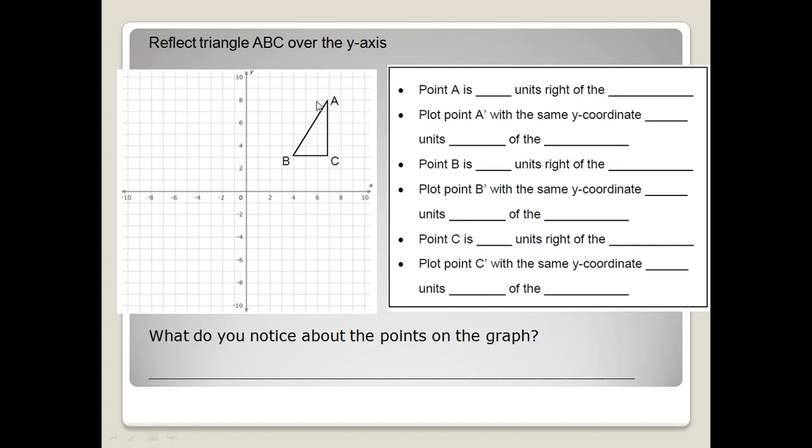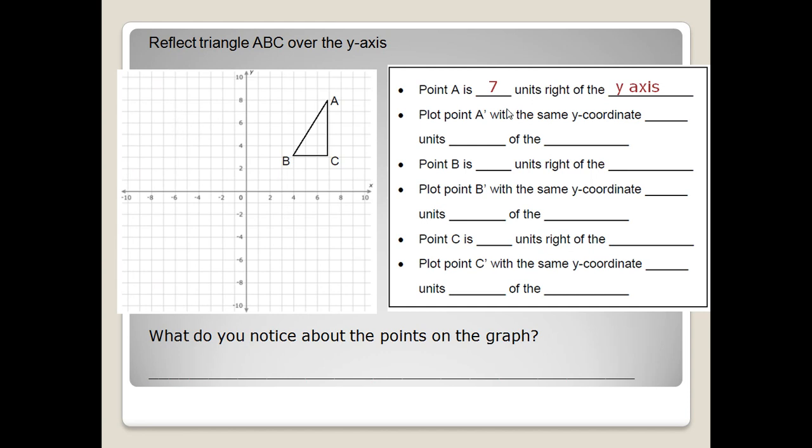We can count 1, 2, 3, 4, 5, 6, 7, or we can just look down and see what our value is for our x. And we see that the point is going to be 7, comma 8, so we can just take our 7, because we know it's 7 units right of our y-axis, and we'll put that in there.